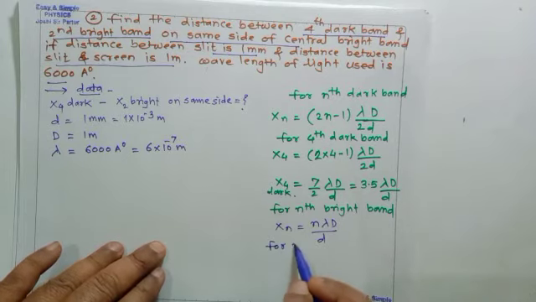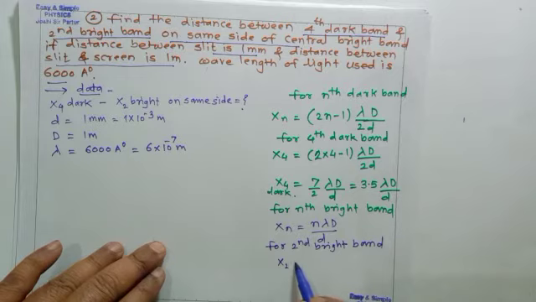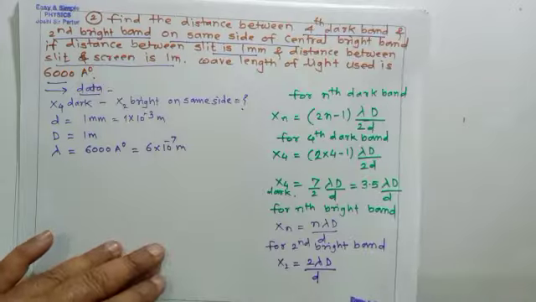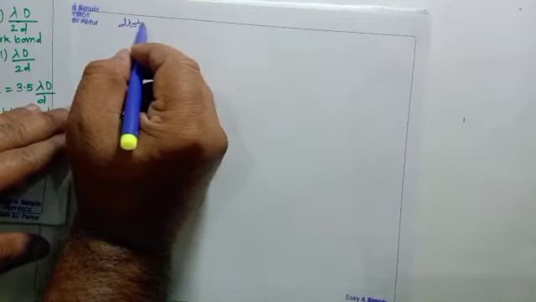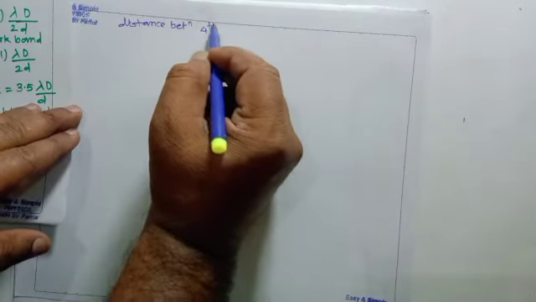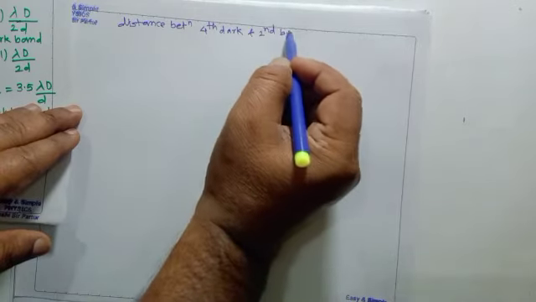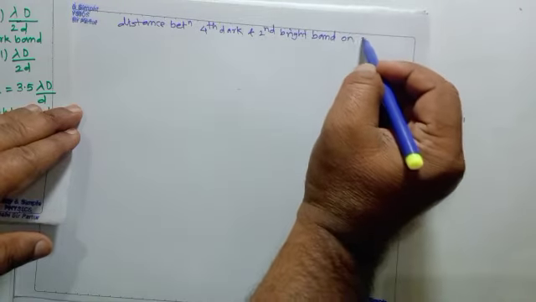For second bright band, it will be x2 equal to 2 lambda capital D upon small d. So we want to find out distance between fourth dark and second bright band on same side.